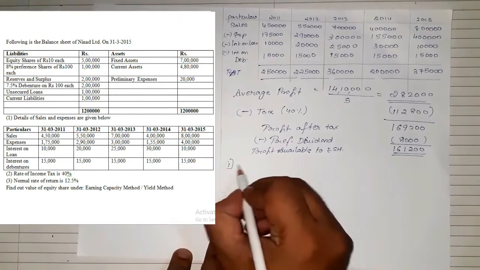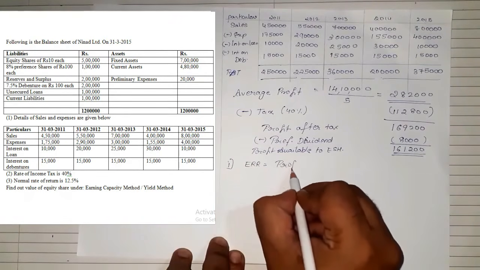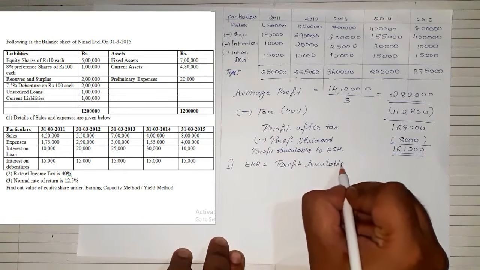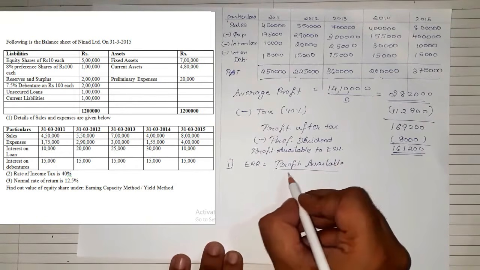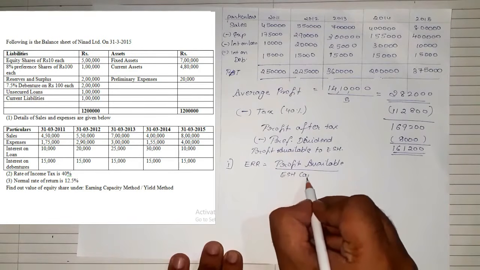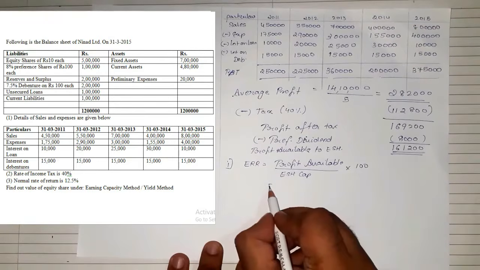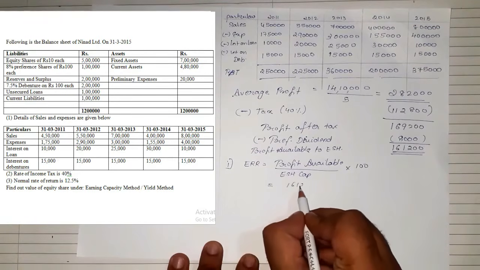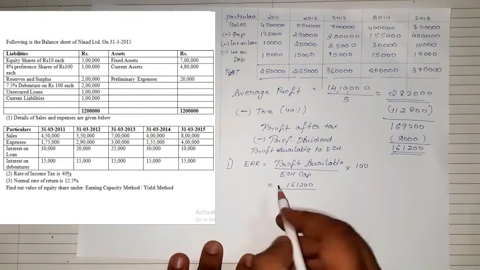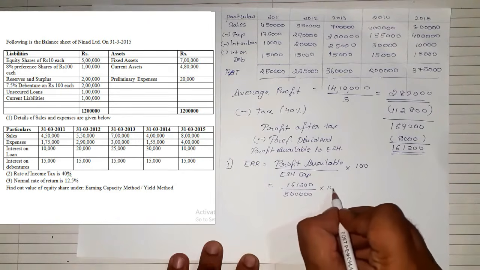Now once I get my profit available to the equity shareholder, I can go ahead and find my expected rate of return. ERR is profit available upon equity share capital into 100. So the profit available is 1,61,200. Equity share given in the question, if you look carefully, is 5 lakhs, into 100.